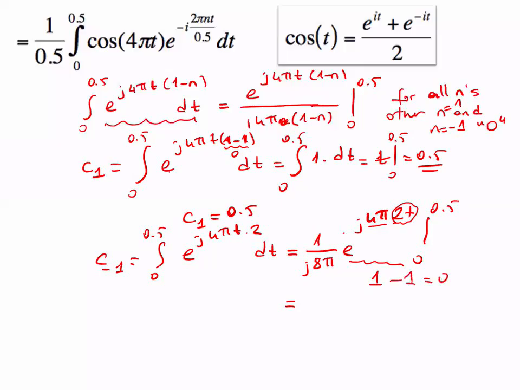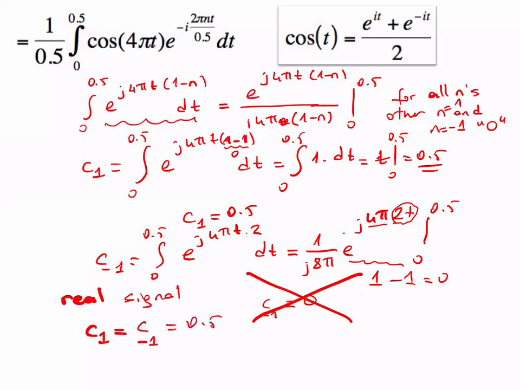Okay, so C minus 1 is also equal to 0. But we don't do it this way, arkadaşlar, for C minus 1, because our signal is a real signal. C1 and C minus 1 are equal, and it's 0.5.